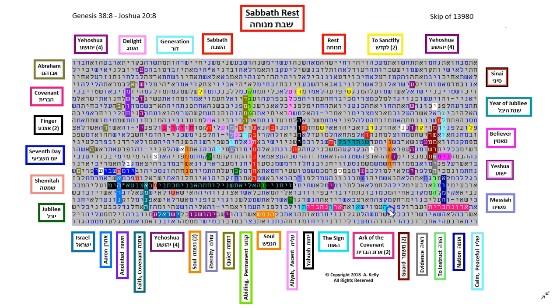And then it says it's a sign. The Sabbath is a sign between Yahuah and his covenant people. So here is sign in the teal. Generations, door, in this very light teal.